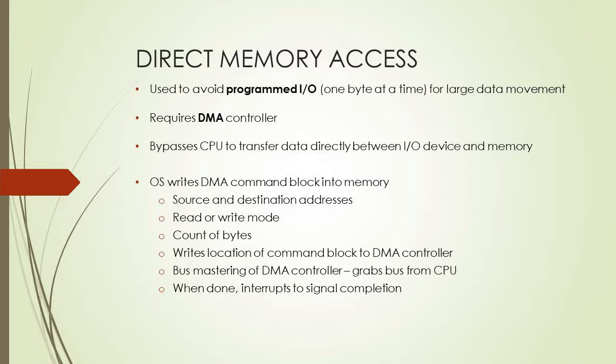The OS writes a DMA command block into memory: source and destination addresses, read or write mode, count of bytes. It writes the location of the command block to the DMA controller, which does bus mastering, grabbing the bus from the CPU. When done, it interrupts to signal completion.